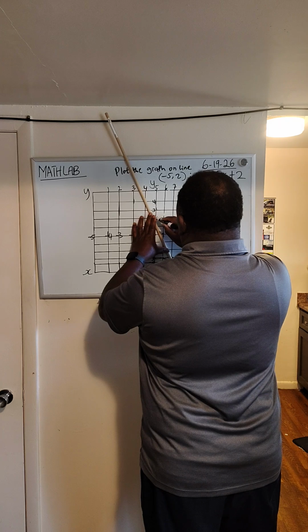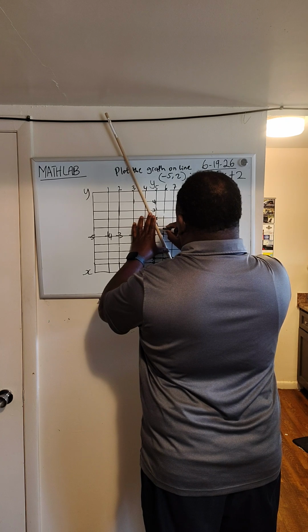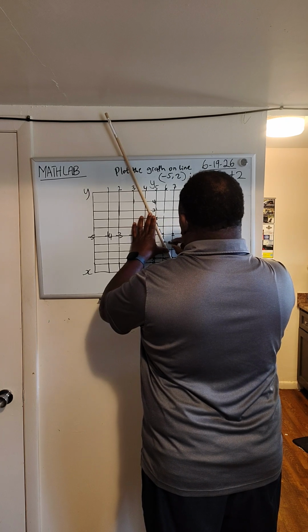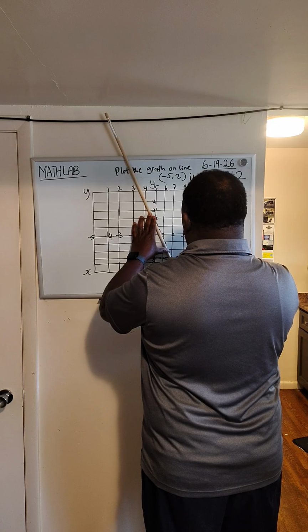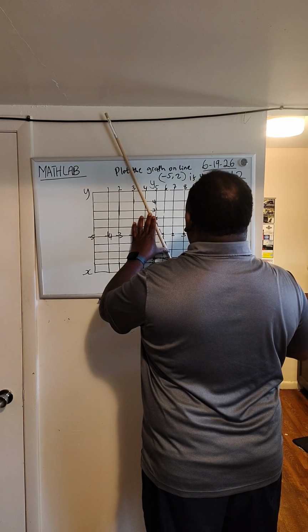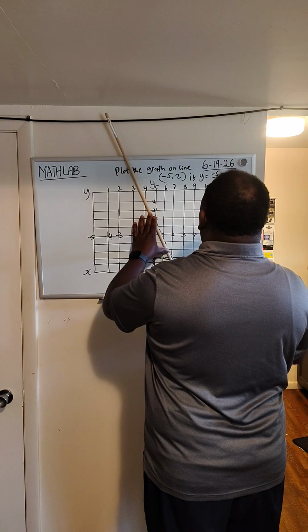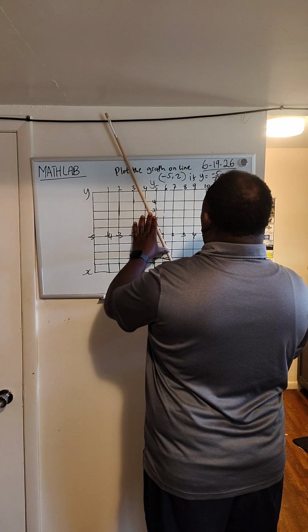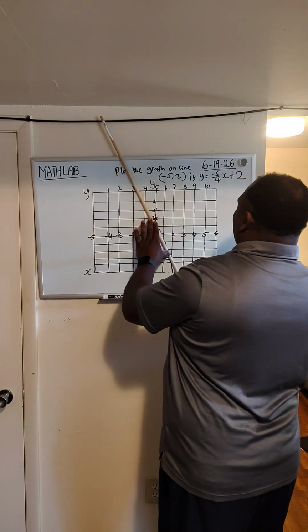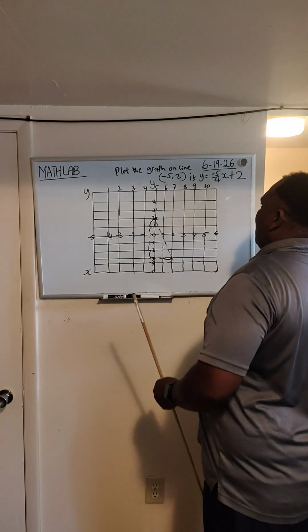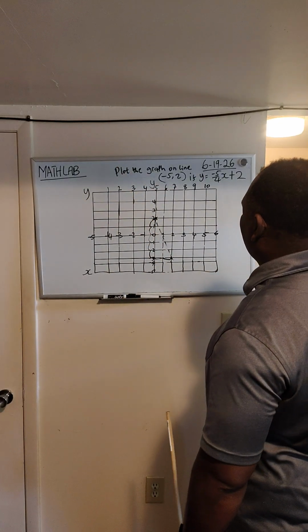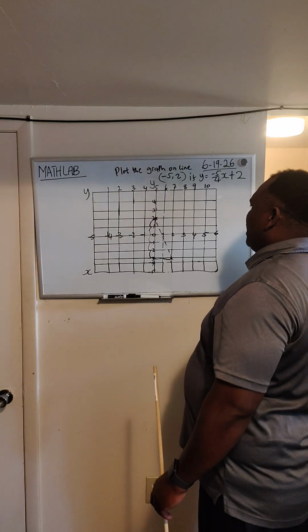So now we identified coming through point 2, and it's passing through negative 5, running down 4 steps.